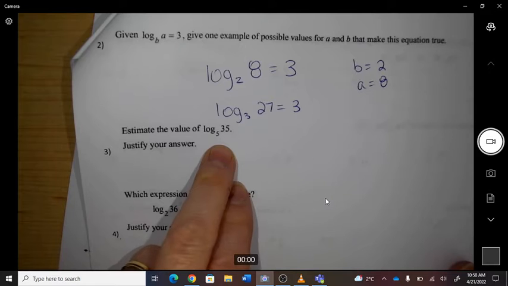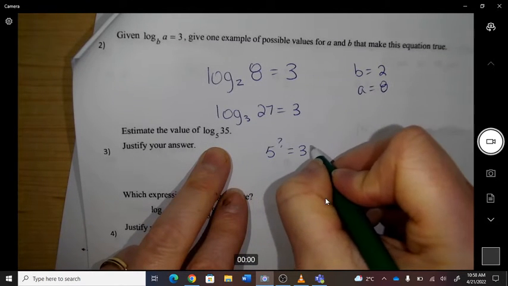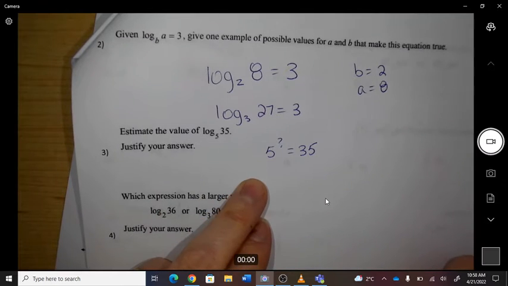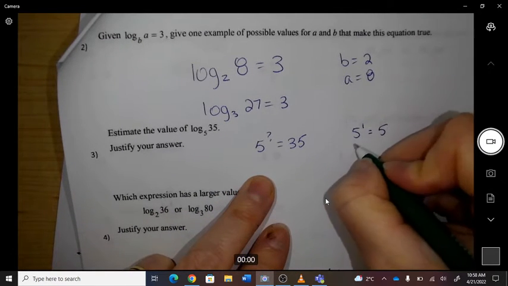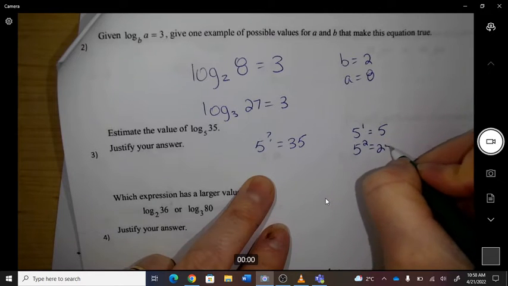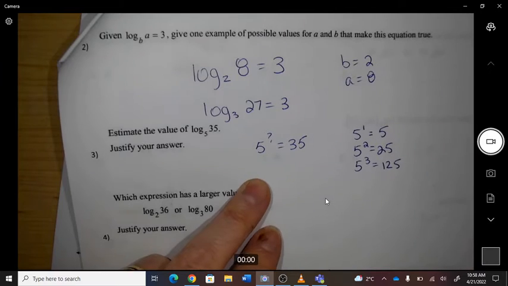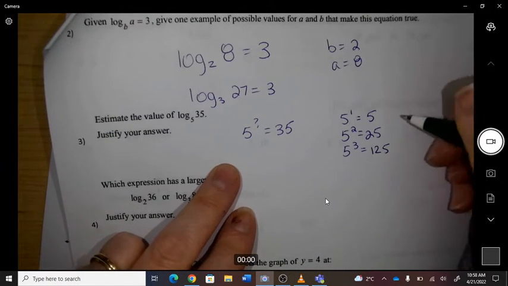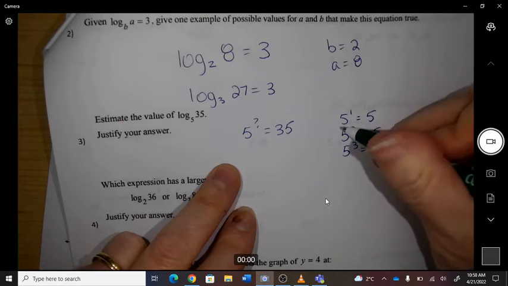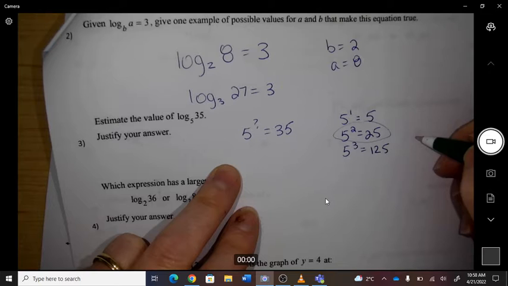Estimate this value. So 5 to the what equals 35. I know 5 to the 1 is 5, I know 5 squared is 25, 5 cubed is 125. So if I'm going to guess, I'm thinking 2 point something close to 2.